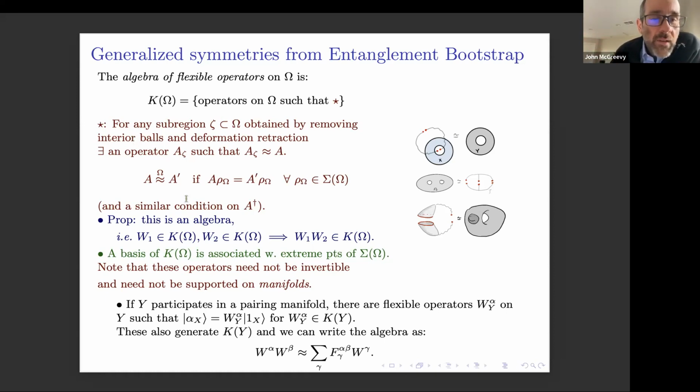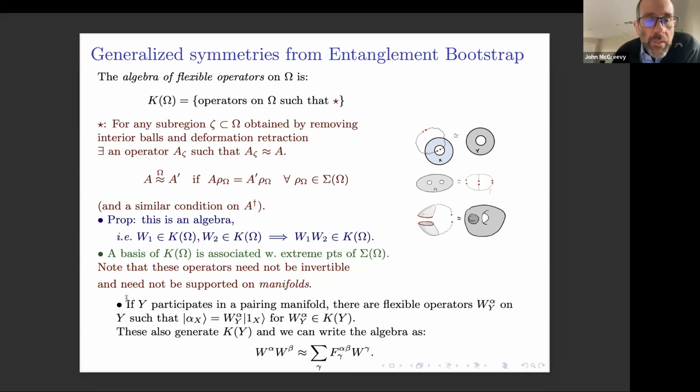The set of operators is an algebra, which moreover has a basis associated with extreme points of the information convex set, so it's sort of a dual of the information convex set. These operators need not be invertible, and they need not be supported on manifolds. That's why I call them generalized symmetry operators.